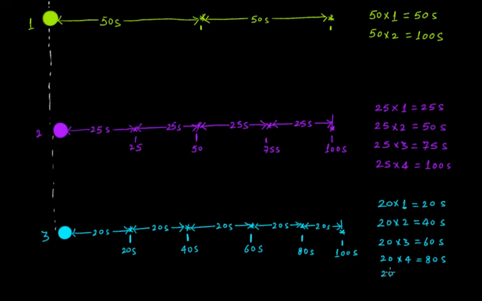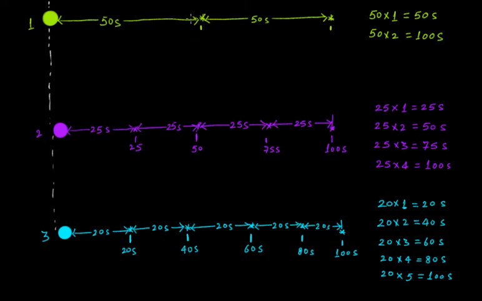So 20 is the time interval, and this is the 5th duration, and it will again change after 100 seconds. If you see properly in a mathematical way, this is the changing of light after every 50 seconds.